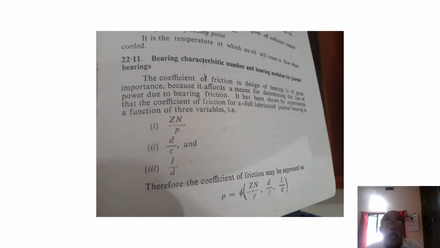This is called the bearing characteristic number. How to get the bearing characteristic number is a terminology normally used during the design of the journal bearing.